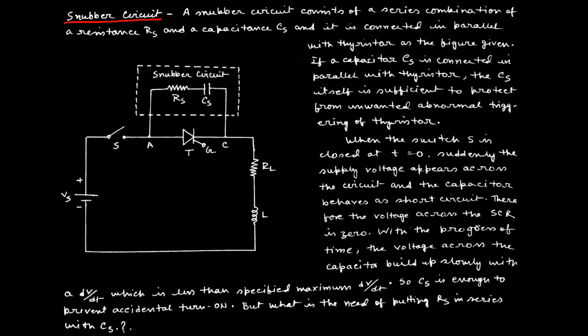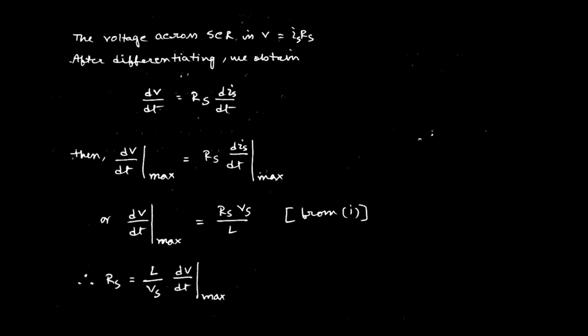So the voltage drop across Rs is Is into Rs. In this way, the voltage across the SCR is V equal to Is Rs.